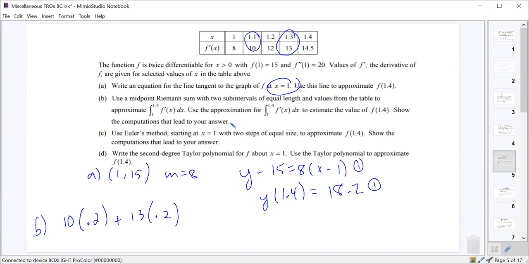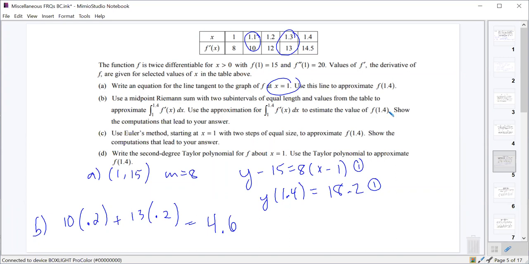Use the approximation to estimate the value of f of 1.4. Okay, so we've integrated from 1 to 1.4, which tells us how much it changes. First off, what's this value? That value should be 4.6, right?